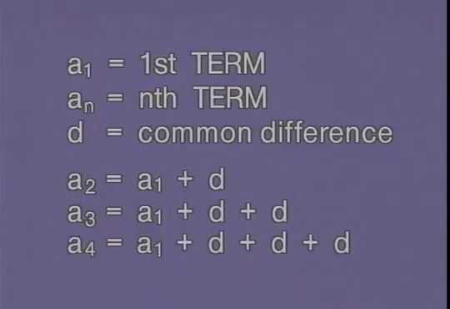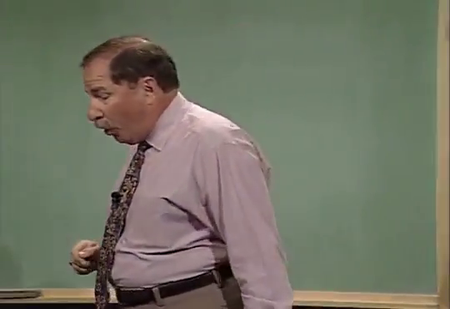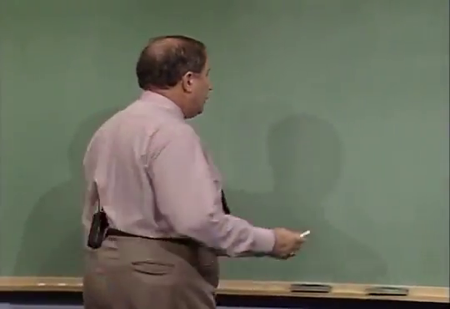A4, we took A1 plus 3 d's. How about A13? If we wanted to find A13, we take A1 plus 12 d's. Okay, now I want to find A sub n. Let's go to the board and take a look.